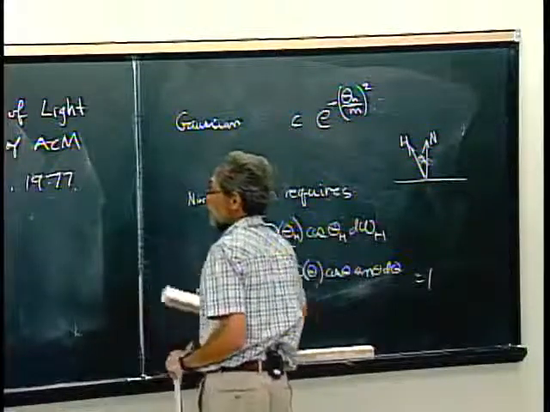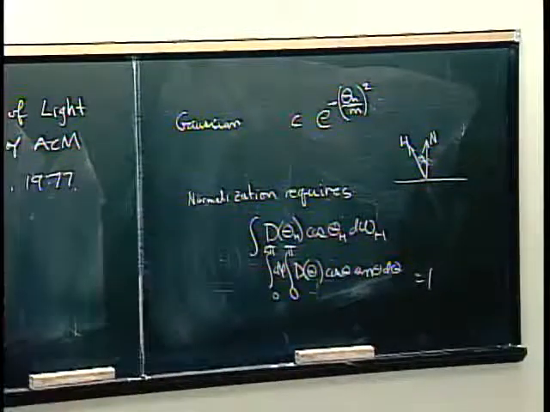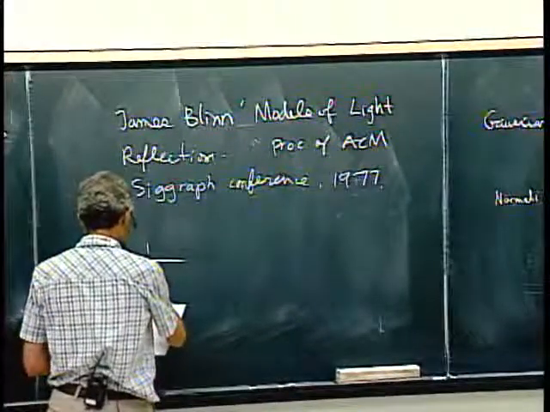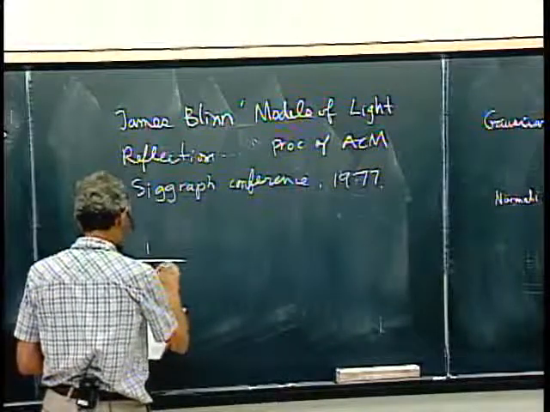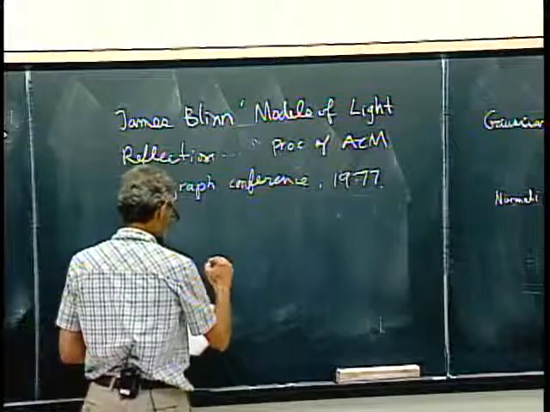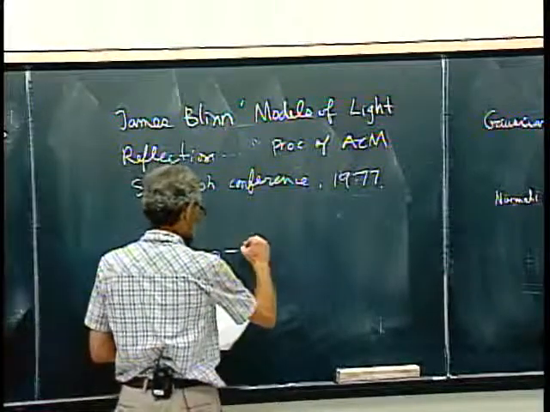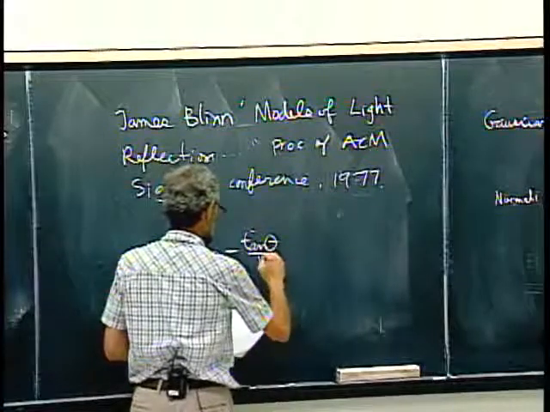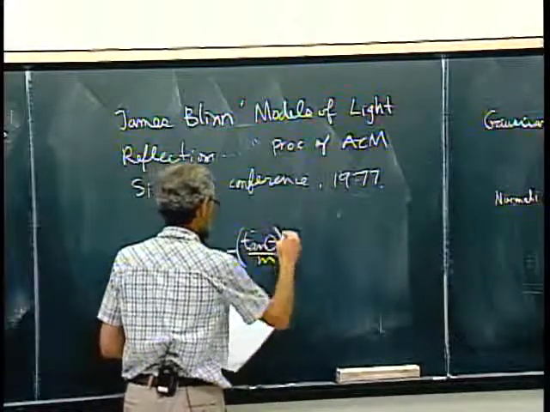And there was one other distribution that I'll write on the board really quick, where you don't have to worry about those complicated integrals, because it works out analytically: m squared cosine to the 4th theta e to the minus tangent theta over m squared.